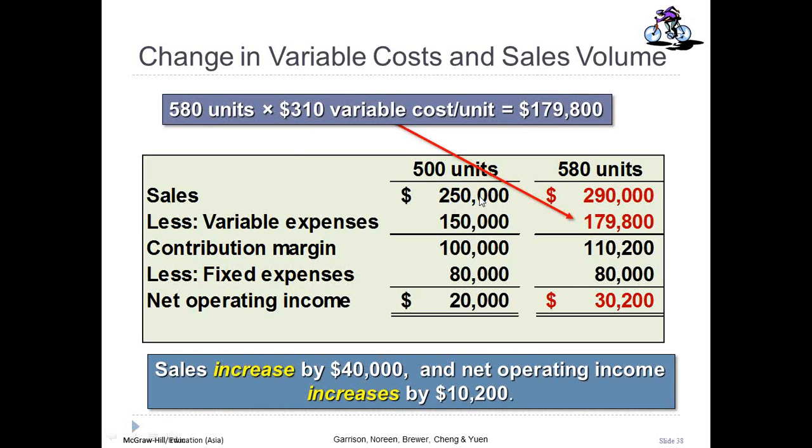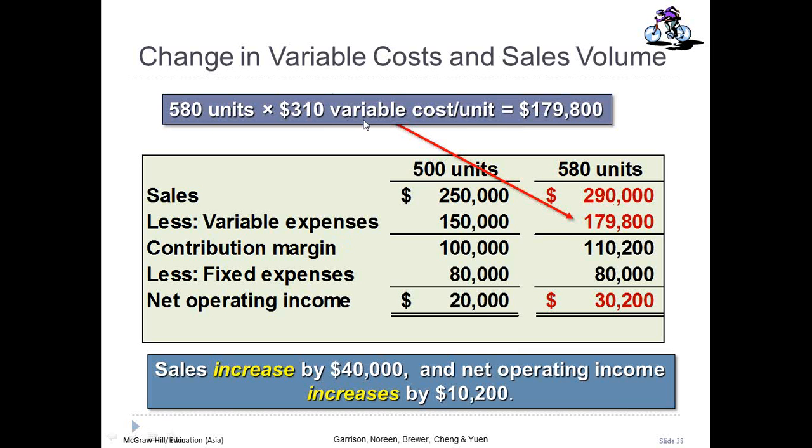So sales revenue, we always start at the top with sales revenue. At 500 units times $50 per bike, we come up with this total sales revenue. We've increased our unit sales by 80, so 580 units delivers this number. Our variable expenses increase, right?